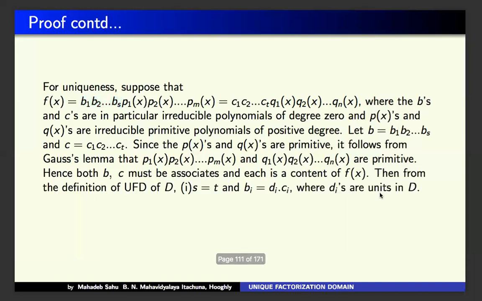Thus, from the definition of UFD, B1 up to Bs is associate to C1 up to Ct.